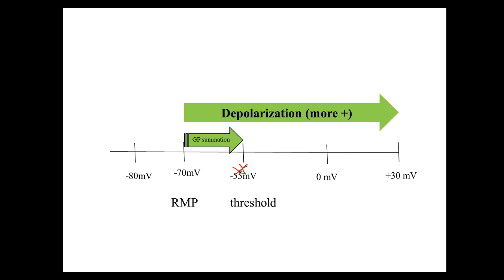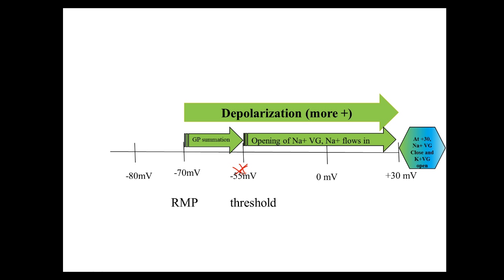At the hillock, we're going to have sodium voltage gates open. When sodium voltage gates open, sodium is going to rush in, and it continues depolarizing the membrane until positive 30. At positive 30, the sodium voltage gates will close and the potassium voltage gates will open.